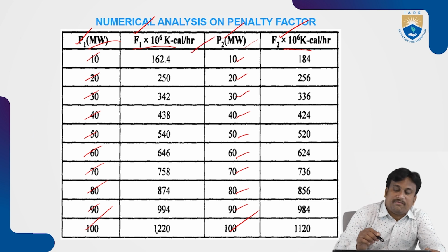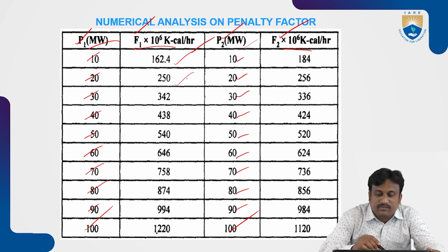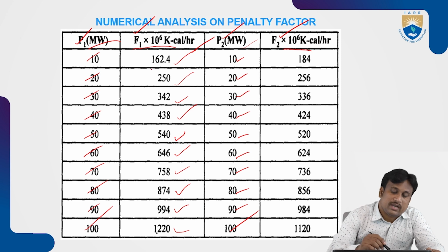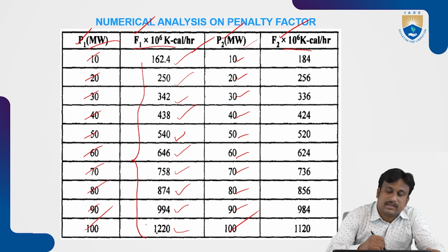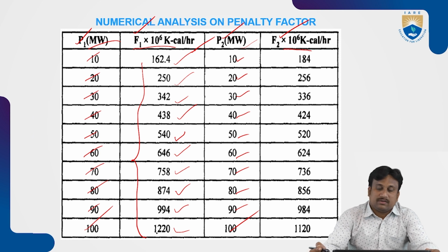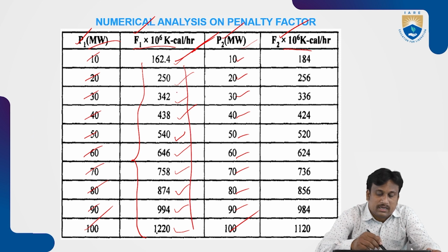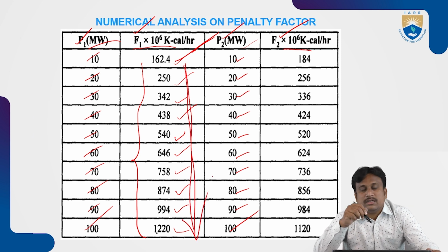For F1, the values are 162.4, 250, 342, 438, 540, 646, 758, 874, 994, 1220. This is the increasing order of the fuel cost in kilocalories per hour, starting with 162. There is no decrement seen here; all are incremental in nature.